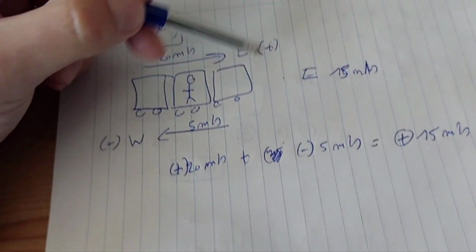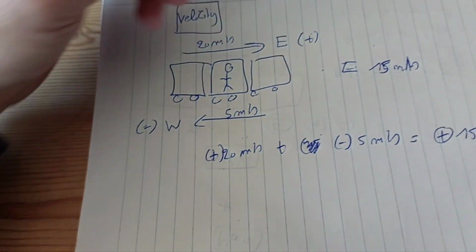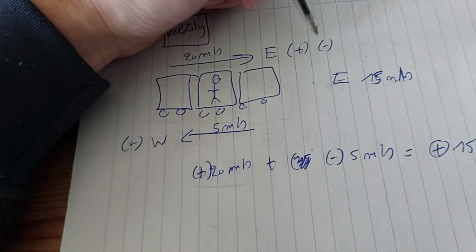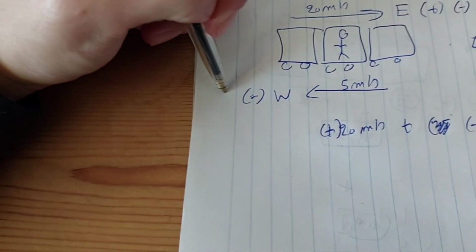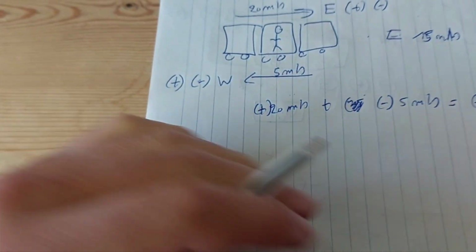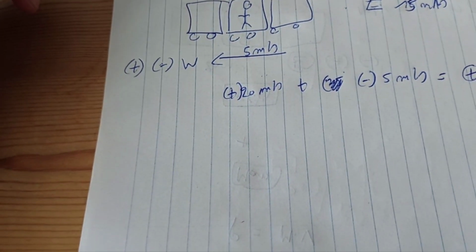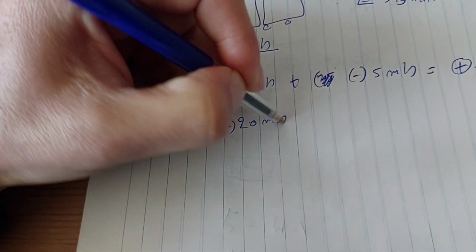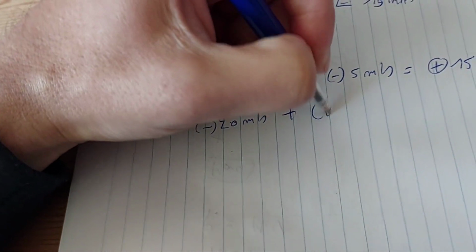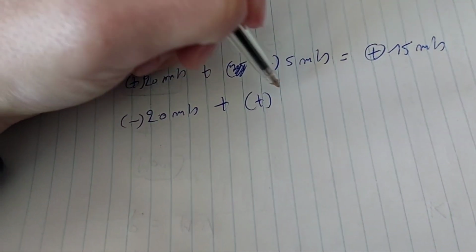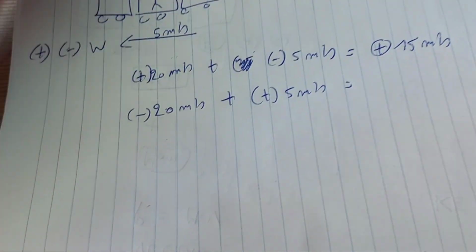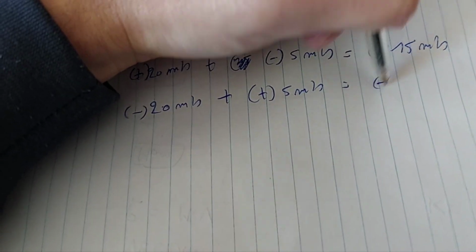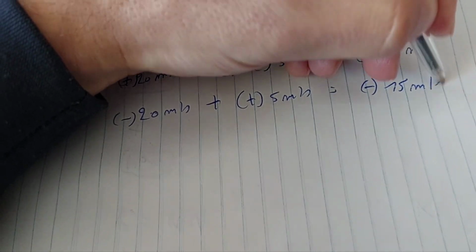Now you can also change these signs. You can also use the minus sign for the right side, and we can use the positive sign for the left side. When we do that, then we have negative 20 meters per second, plus positive 5 meters per second, and that will equal negative 15 meters per second.